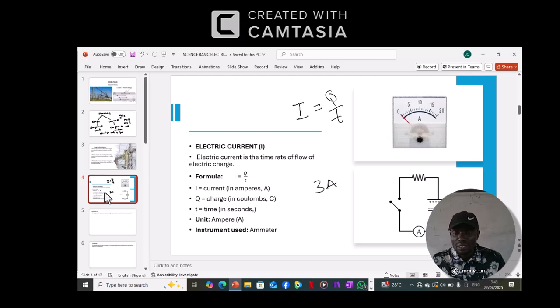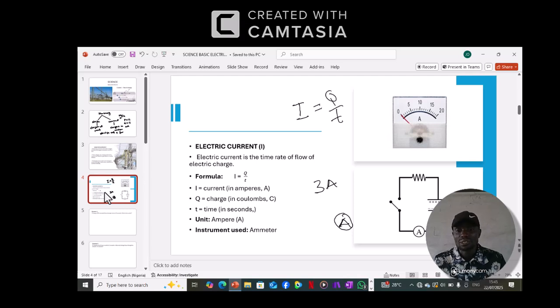This meter is calibrated from 0, 5, 10, 15, 20. So you see the calibration. And the symbol is this. Look at this circuit. The symbol is a circle with a capital letter A in the middle.